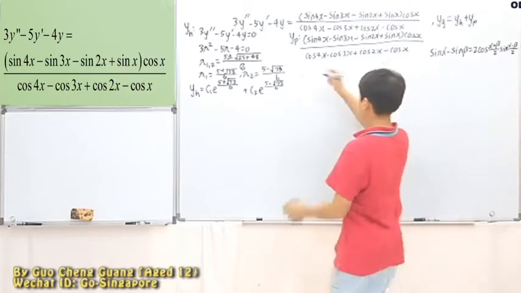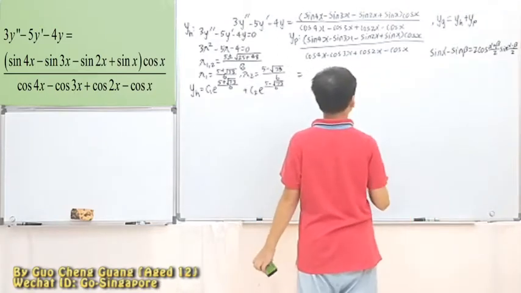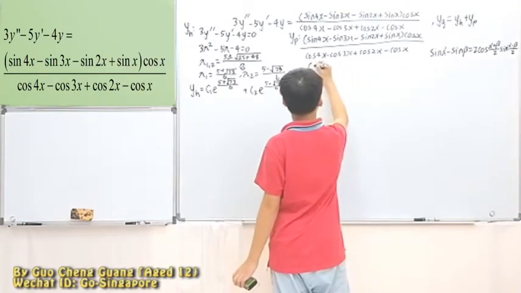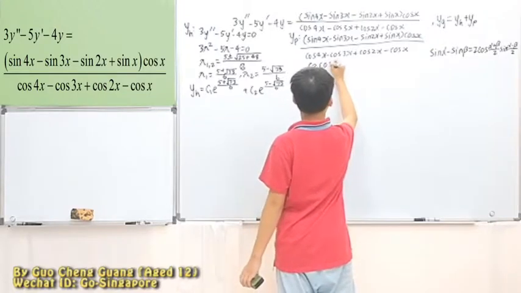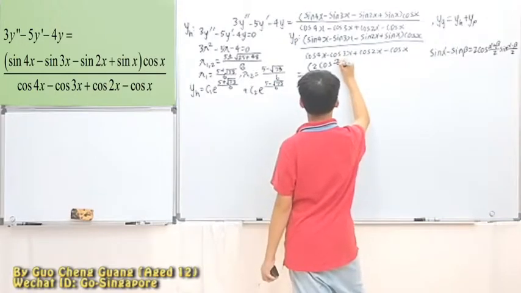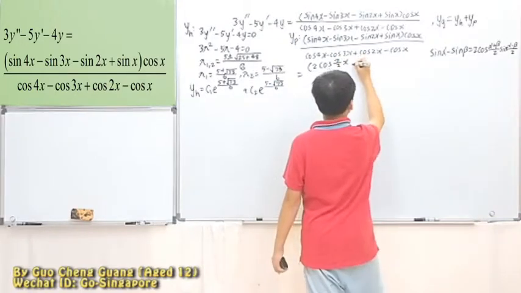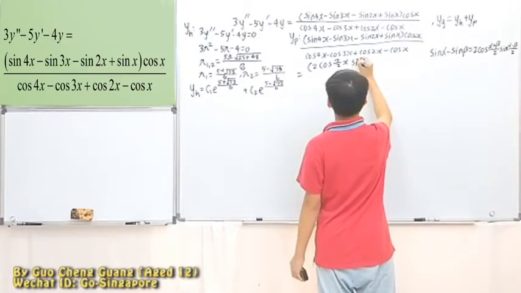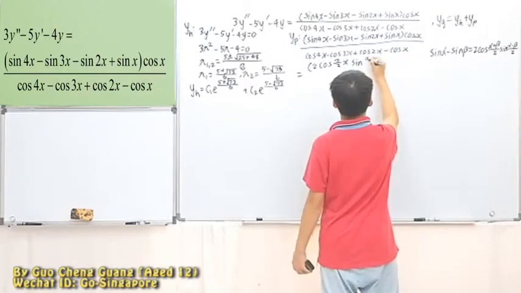That's the first part. In this case, add together, then divided by 2 will be 7 over 2. Then sine here will be x over 2.